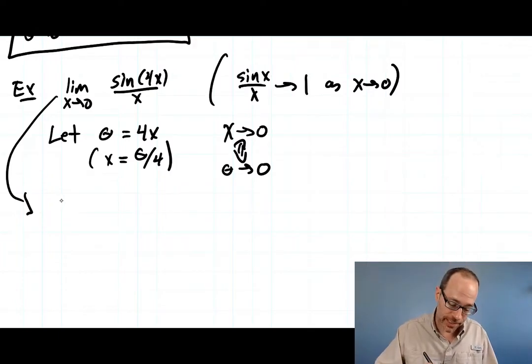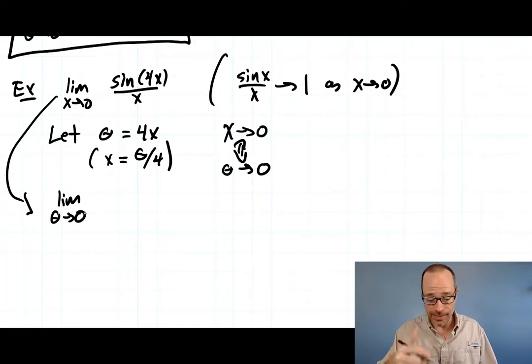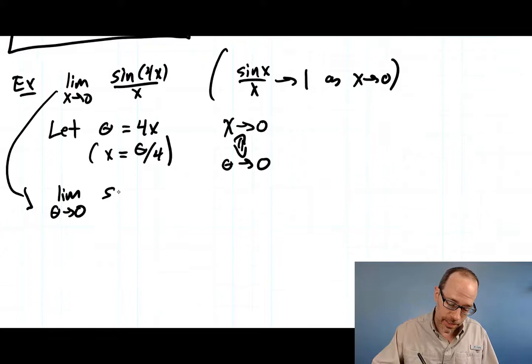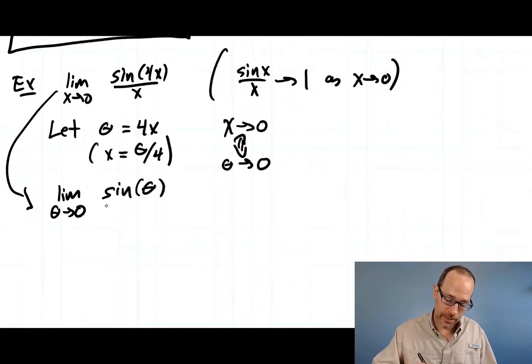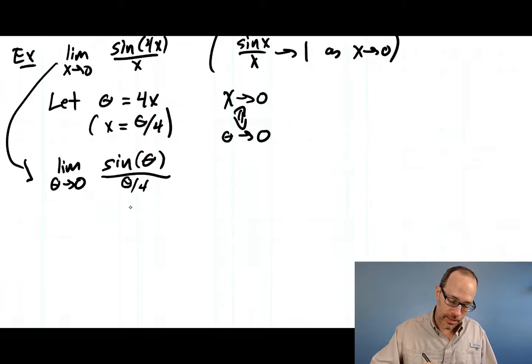So saying the limit as x goes to 0 is the same as saying the limit as theta goes to 0. But now let me change everything into thetas. So this will be sine of theta because the 4x was theta. But the x turns into a theta over 4. All right. So this is the limit as theta goes to 0.